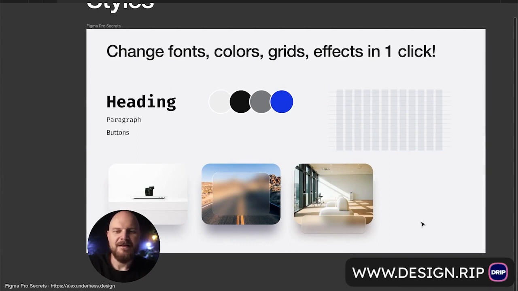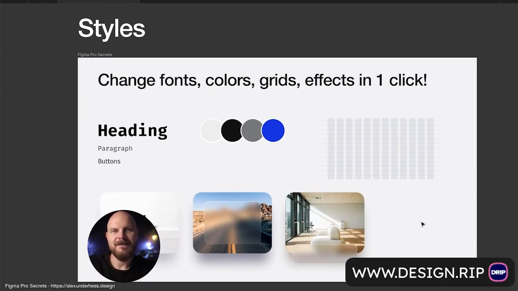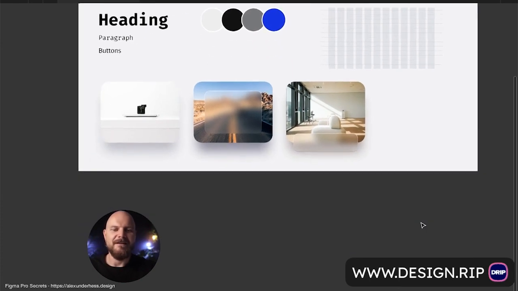All these things can be converted into styles, and styles in Figma work like components, but they work on the background, like on the back end. They are components for typography, components for colors, components for grids, and components for effects. Let's start creating styles.